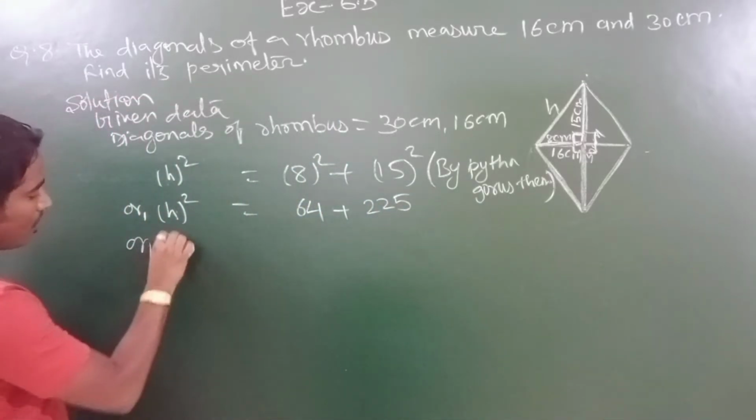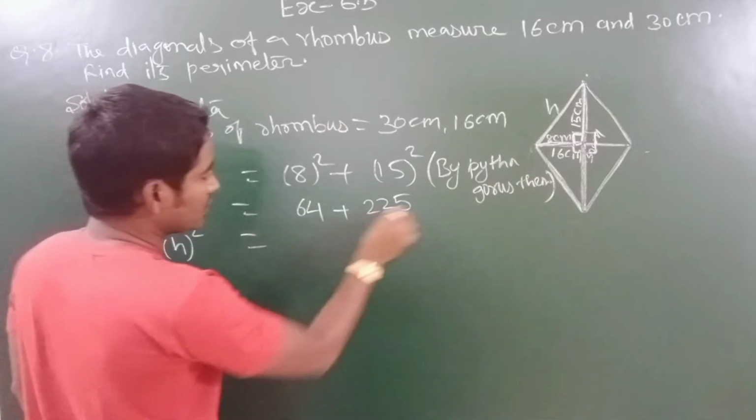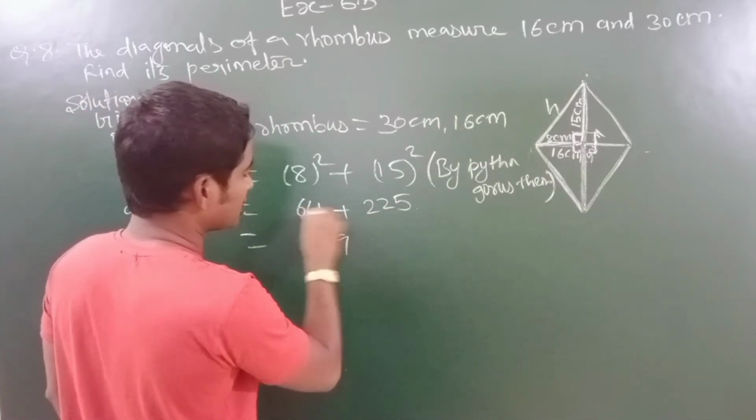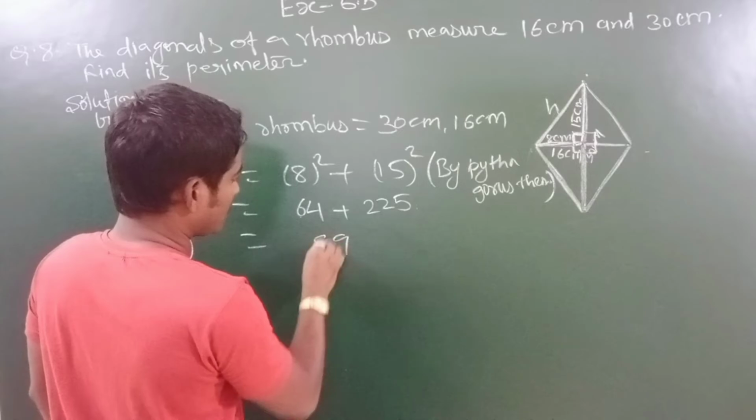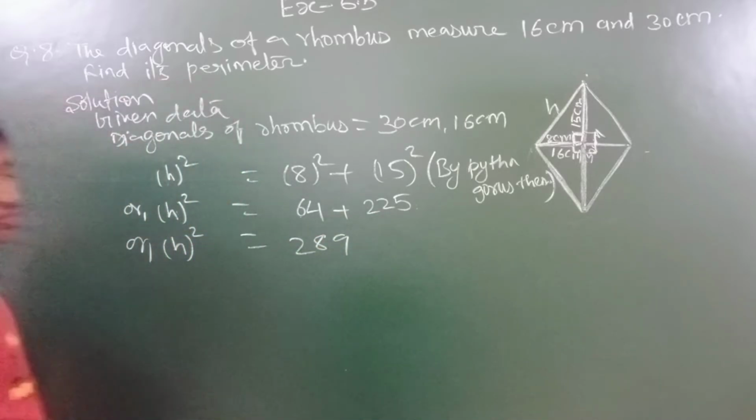Now add them: 5 plus 4 is 9, 6 plus 2 is 8, and 2, so we got 289.